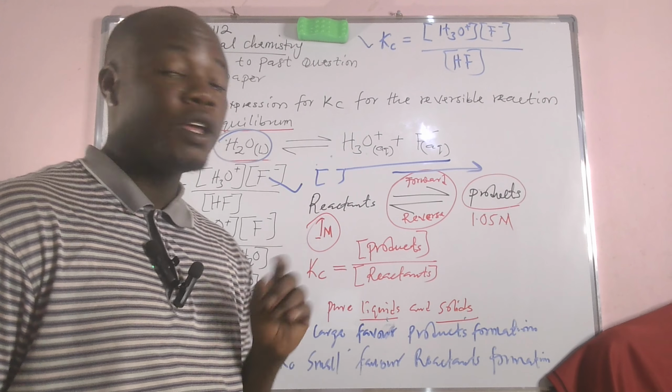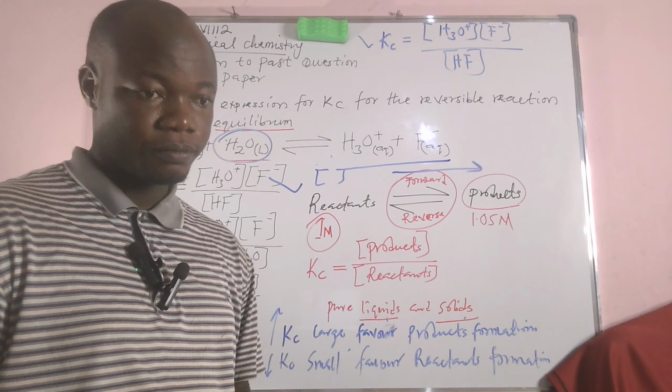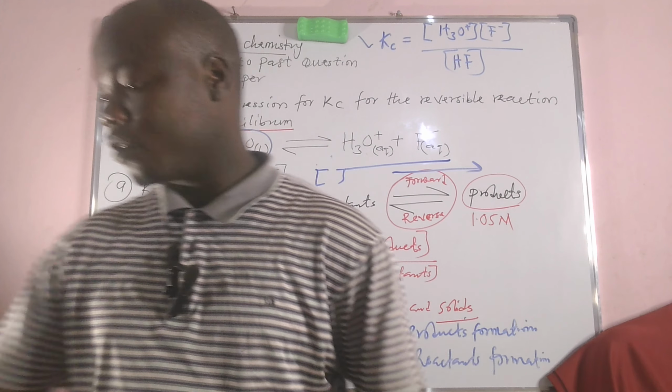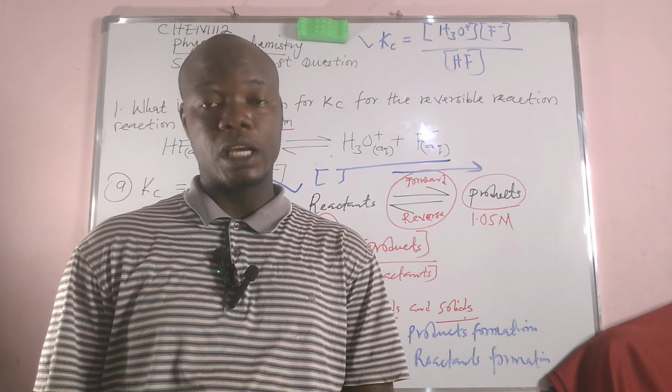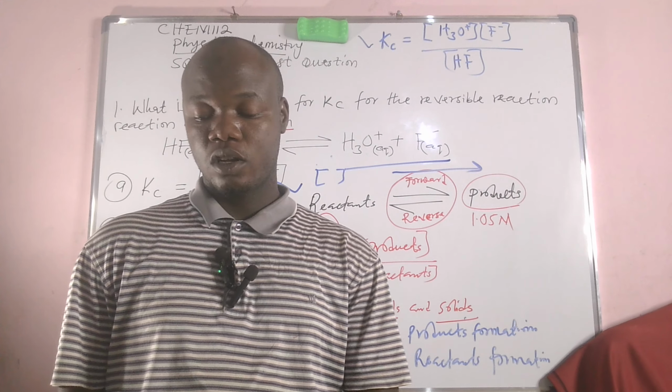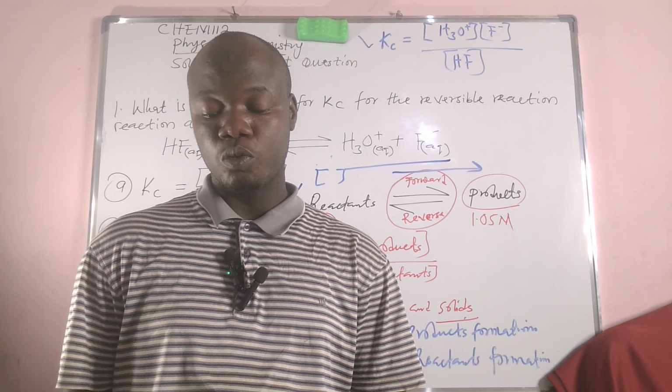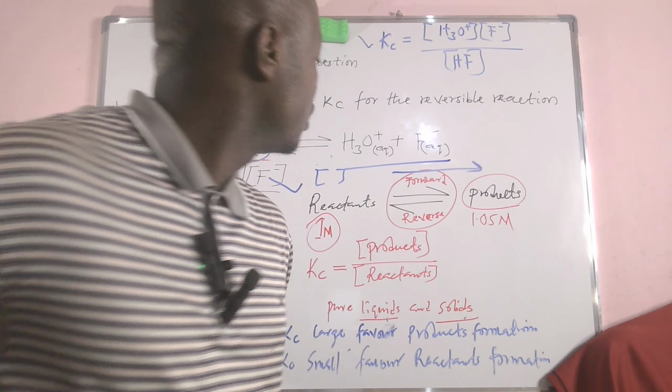And I also want to add another important piece of information. We have different types of chemical equilibrium constant. We have two types of equilibrium constant.